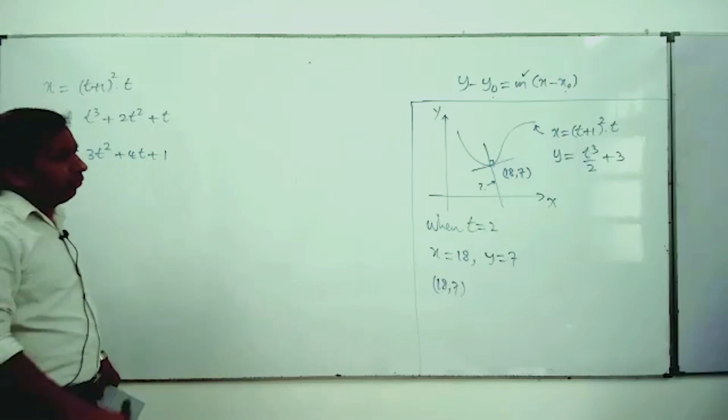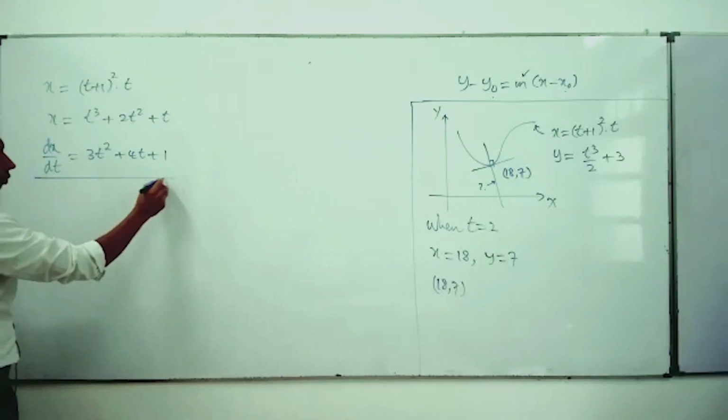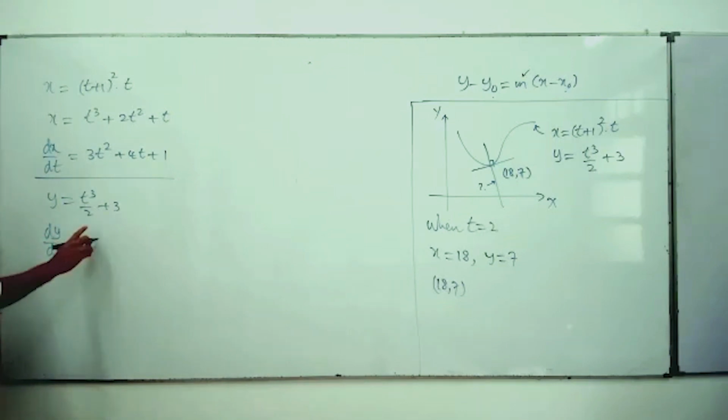And y is t cubed by 2 plus 3. Then what is dy by dt? This 2 is half, so 3 comes before: 3t squared divided by 2. This is a constant, so 0.